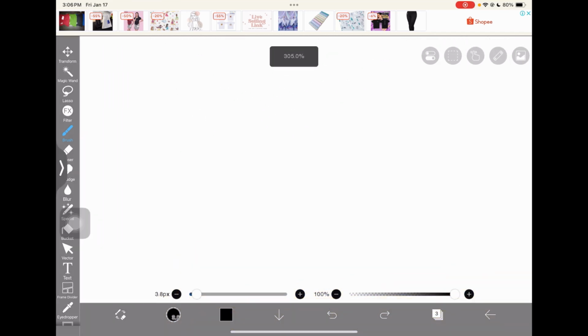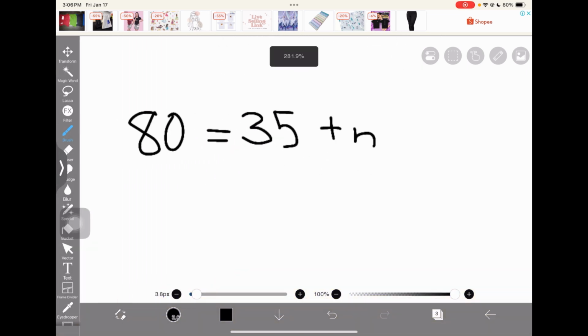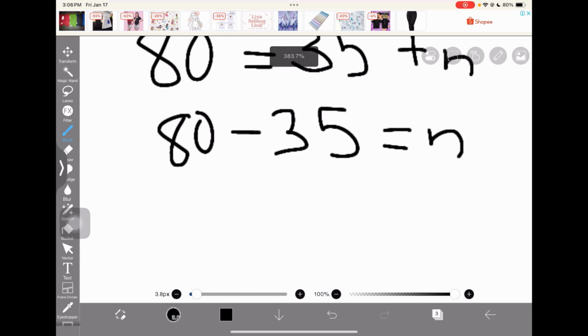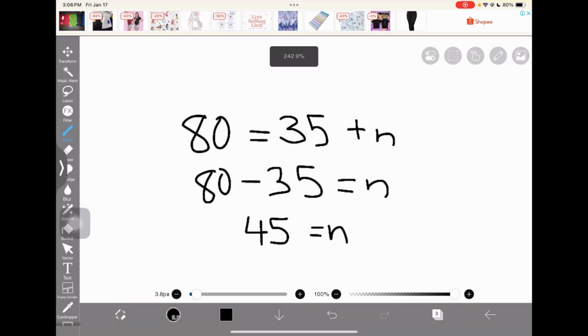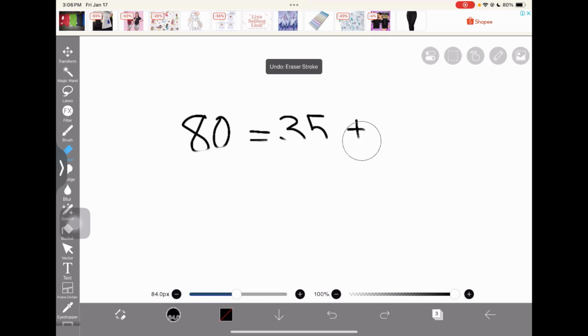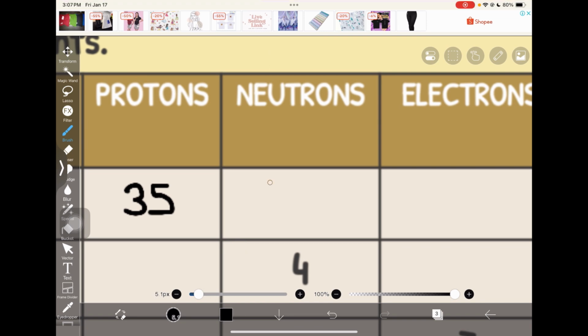We know that the mass number is 80, and we already have the protons, so it's just 35 plus the amount of neutrons. By transposing 80 to the other side, it becomes 80 minus 35 equals neutrons. And by evaluating, we get the amount of neutrons, which is 45. So therefore, the amount of neutrons is 45.